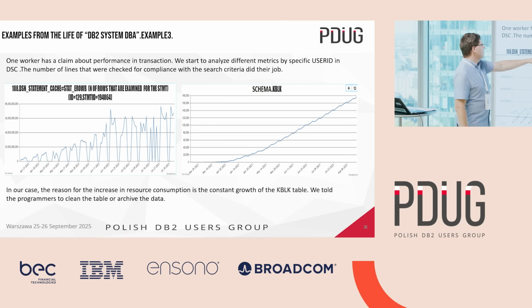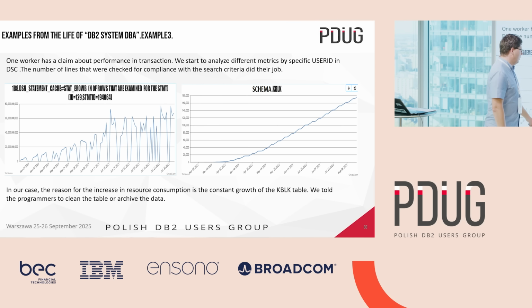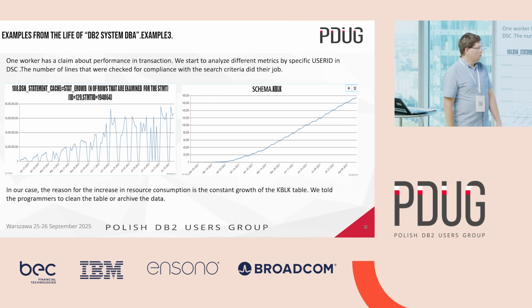Number of rows that are examined for the statement. This grew from May 13 to June 18. And we used another application which simply collects information about count of rows.